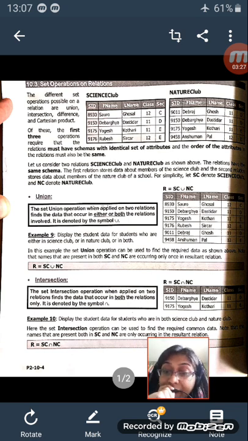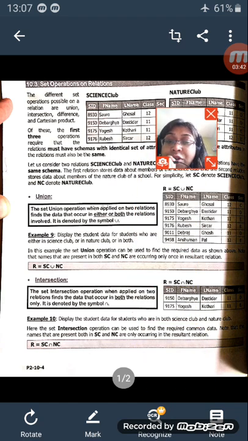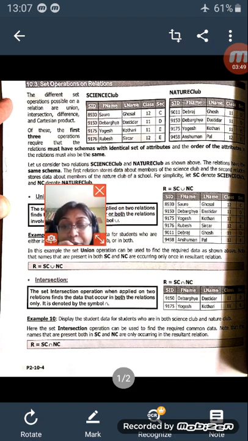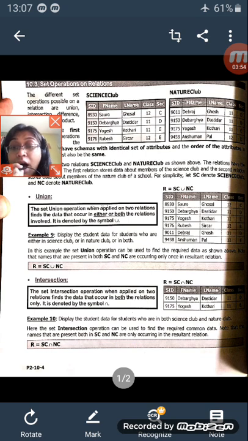But the intersection operation is just the opposite. The intersection operation applied on two relations finds the data that occur in both relations. That means the intersection operation will take only the common values. If we intersect science club and nature club, it will create a table taking only the common values from the two tables.